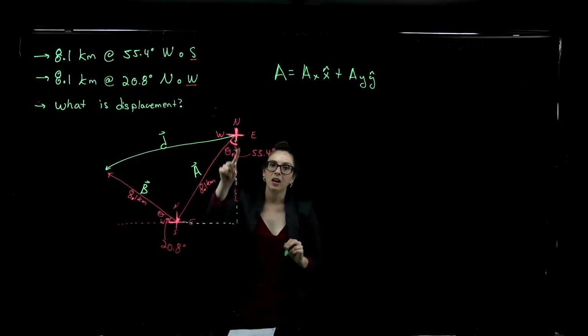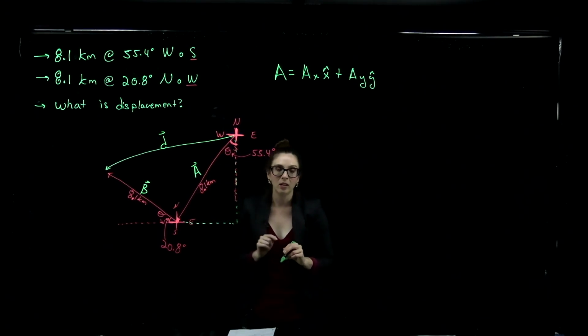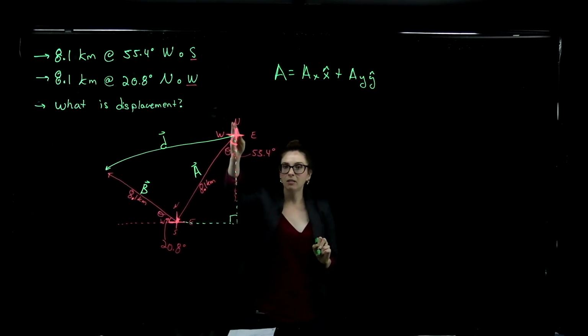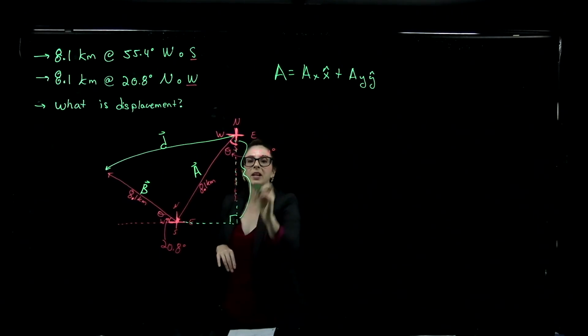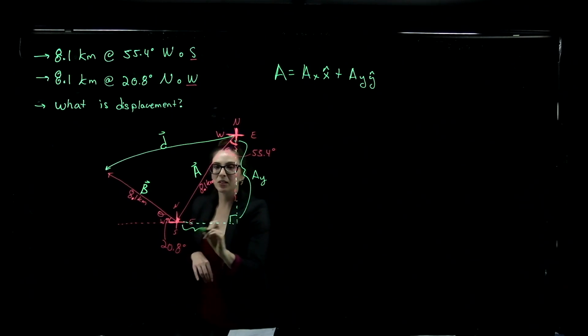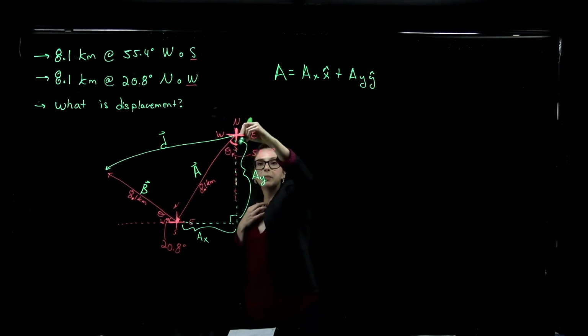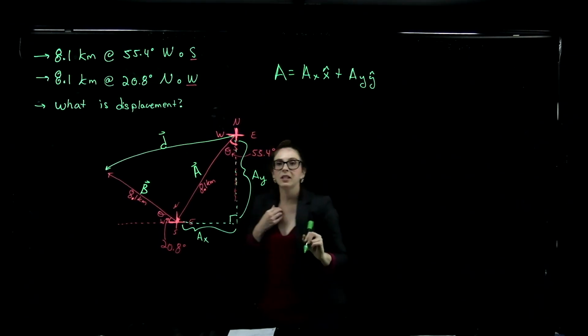It has a magnitude of 8.1 kilometers. Now if I drew in a little right triangle here with legs for my A vector, this component would be the y component of my A vector. This component here is going to be the x component of my A vector. Now it's this angle up here, that's my angle theta that I was given.